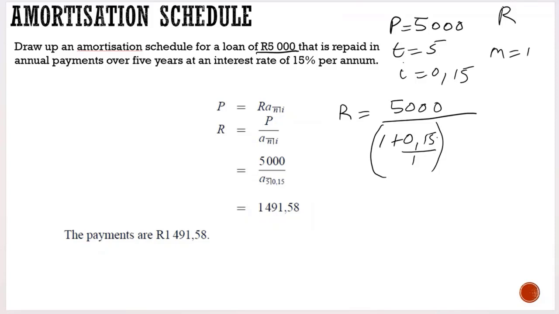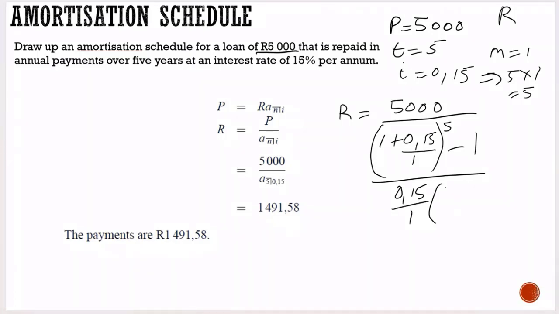Your N implies 5 multiplied by 1, which is equal to 5. So this is to the power 5, according to the formula, minus 1, divided by your I, 0.15, over 1 into 1 plus 0.15 to the power 5.